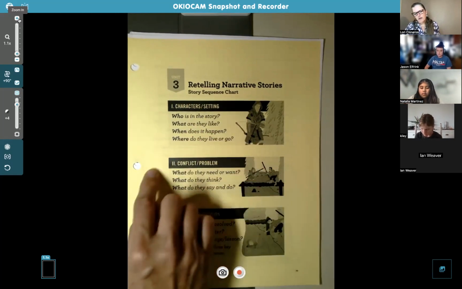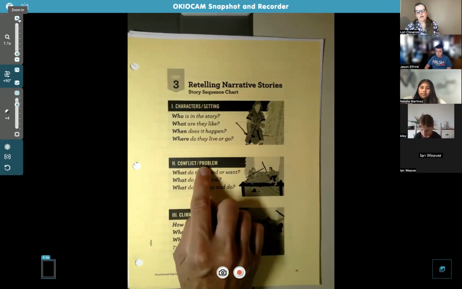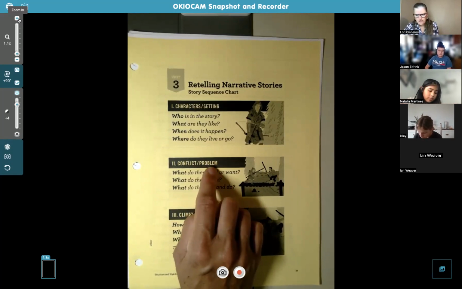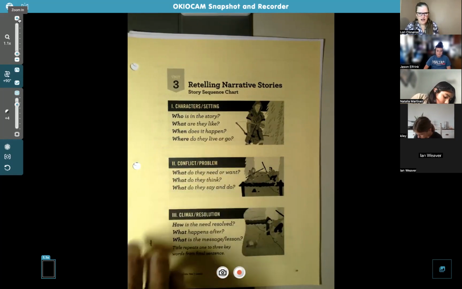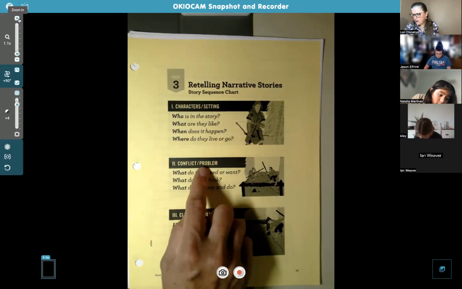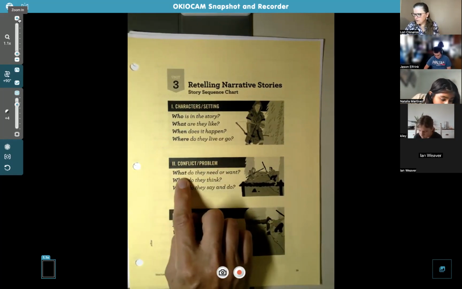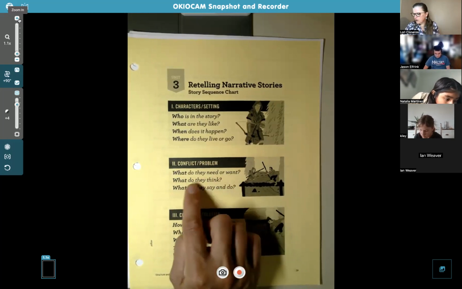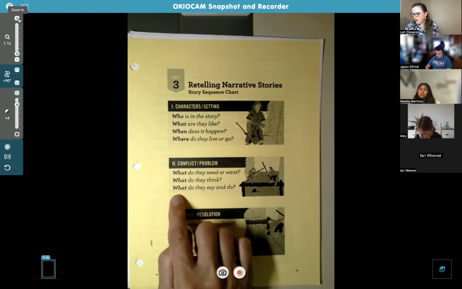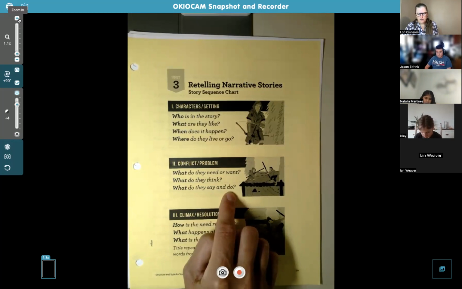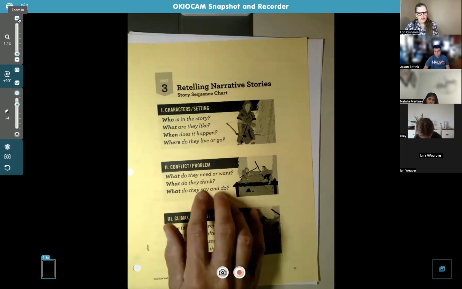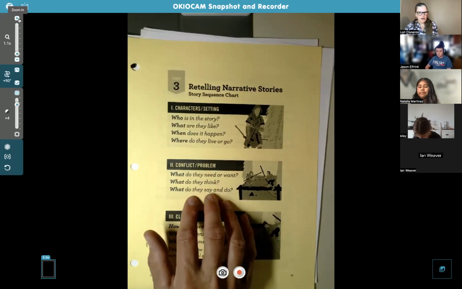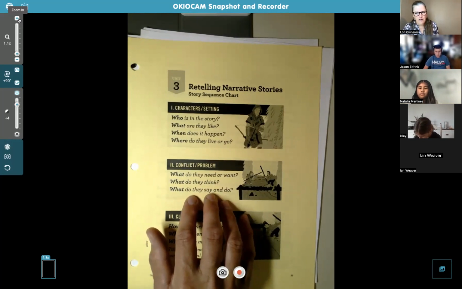In the middle, we talk about the conflict and the problem. Usually in a story, something's wrong, right? And then the rest of the story is how they solve that problem. But in the middle here, they answer the questions, what do they need or want? What do they think? And what do they say and do? So the conflict and the problem usually happens here in the middle, like in Kung Fu Panda, we find out about that character.